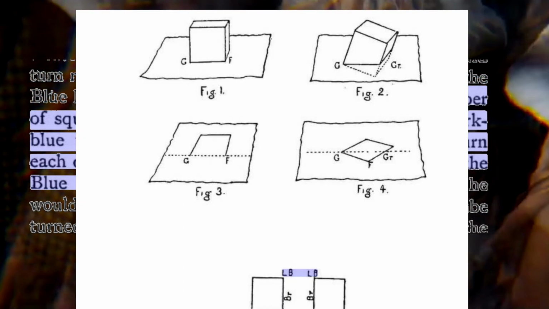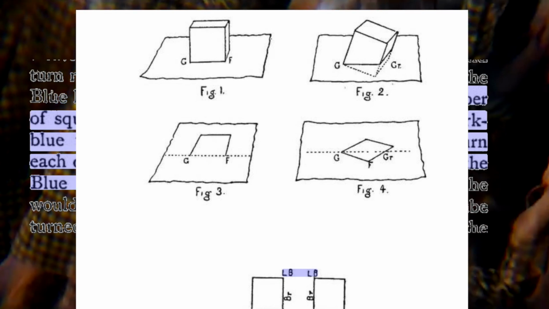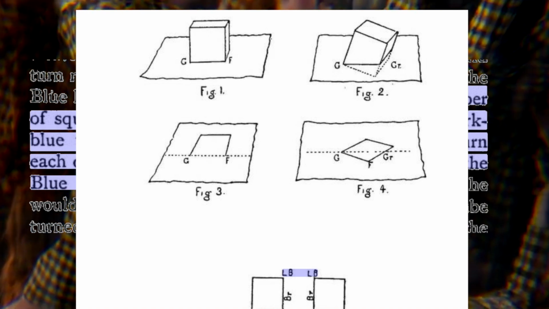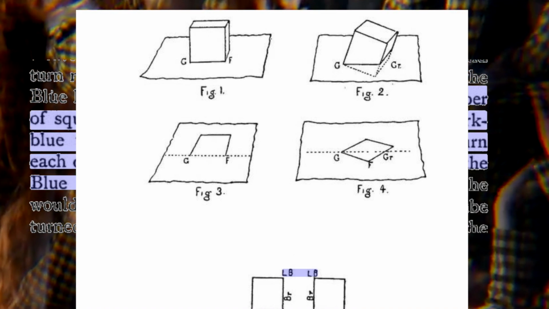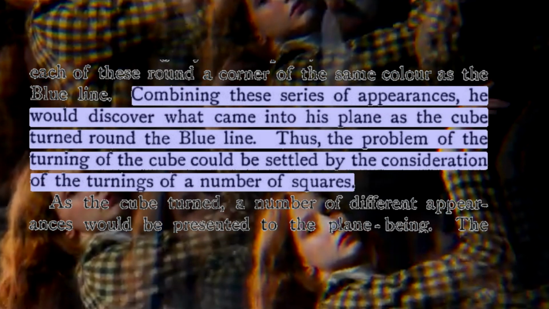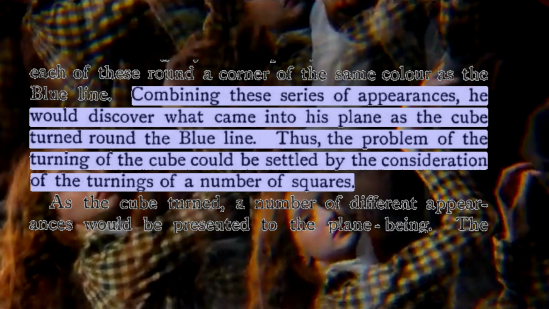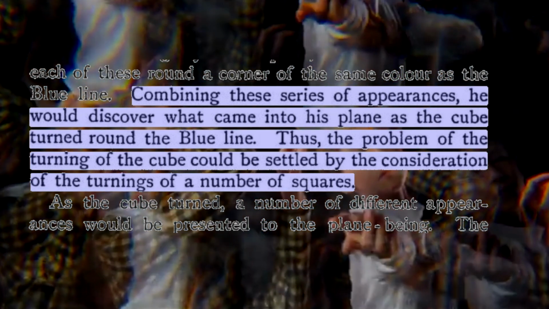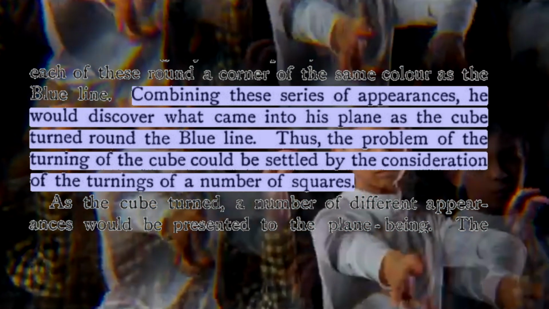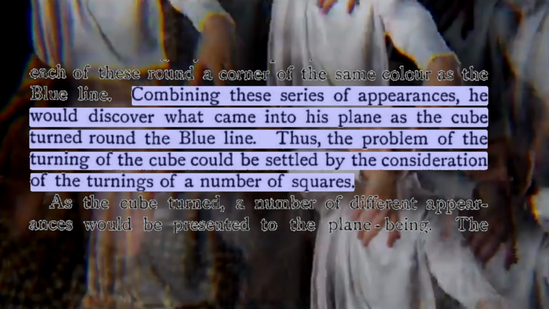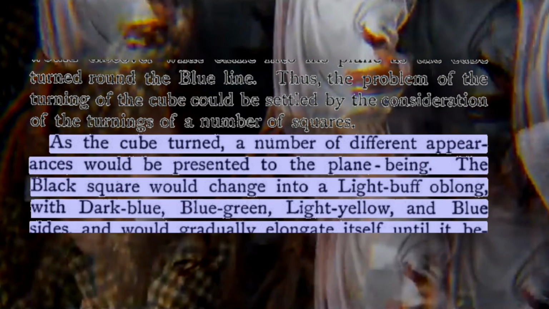Thus he would treat the cube as a number of squares by taking parallel sections from the dark blue to the light yellow square, and he would turn each of these round a corner of the same color as the blue line. Combining these series of appearances, he would discover what came into his plane as the cube turned round the blue line. Thus, the problem of the turning of the cube could be settled by the consideration of the turnings of a number of squares.